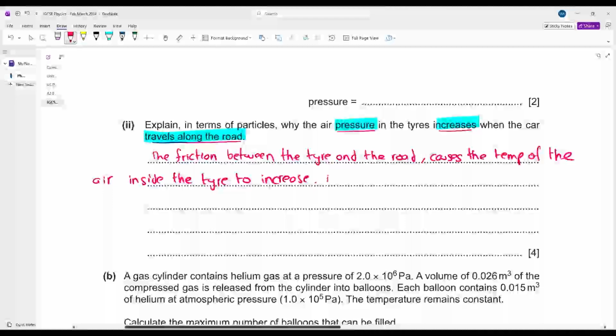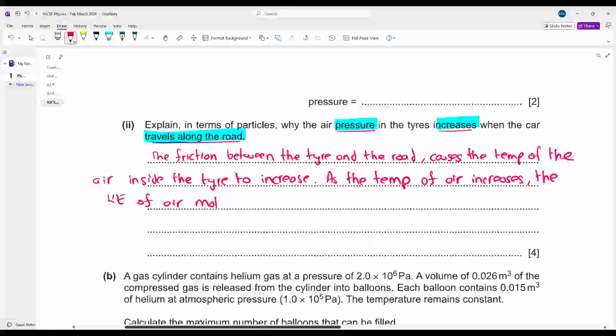As the temperature of air increases, the kinetic energy of air molecules, yeah, if it is written particles, write particles. The kinetic energy of air particles increases.